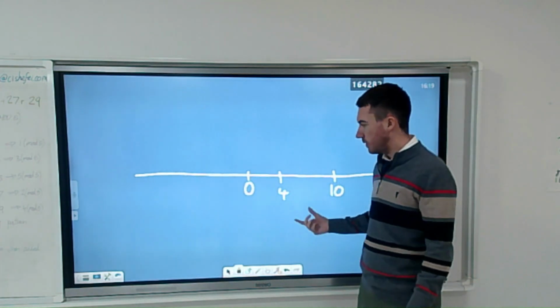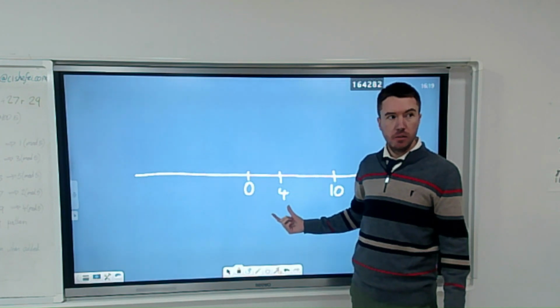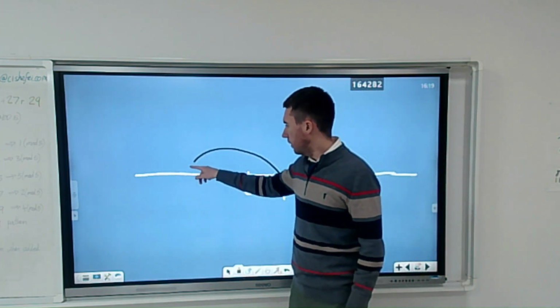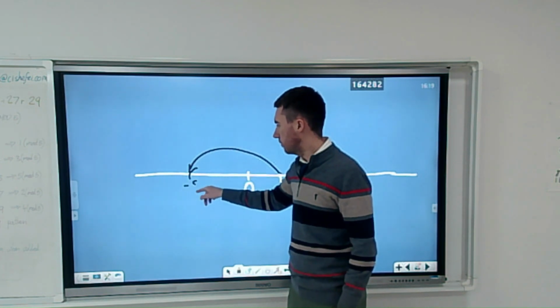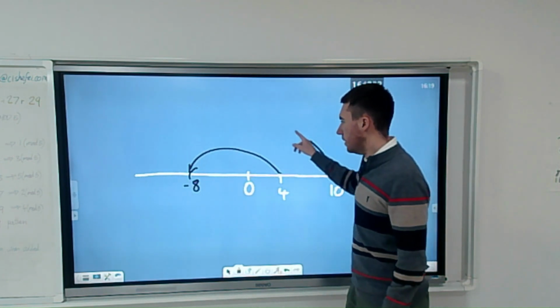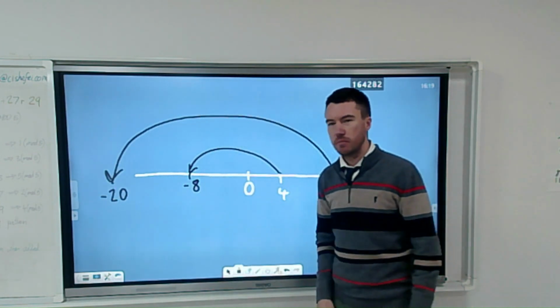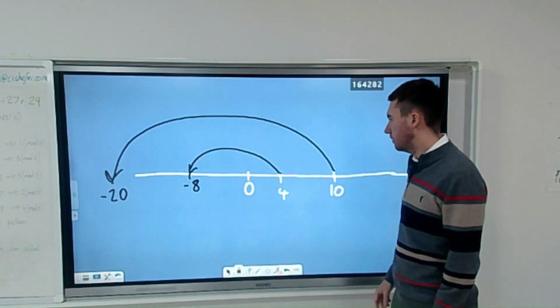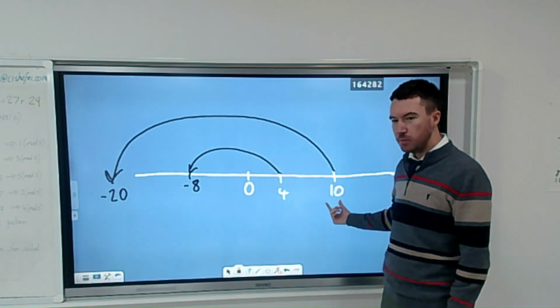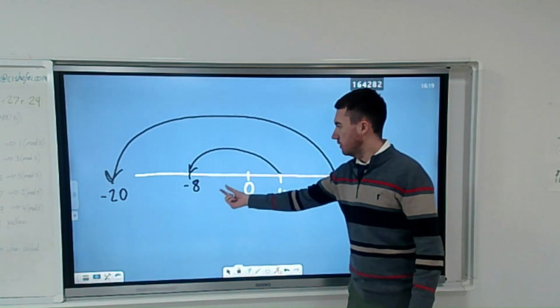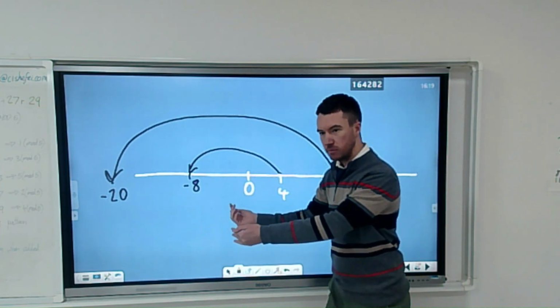If we times these two numbers by negative 2, this goes to minus 8, this goes to minus 20. So the bigger one is now the smaller one, and the smaller one is now the bigger one.